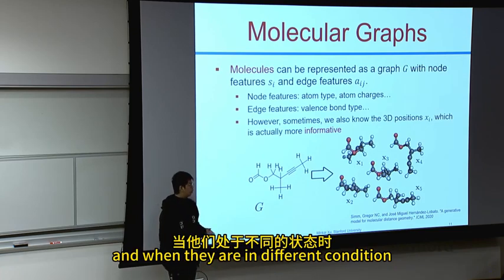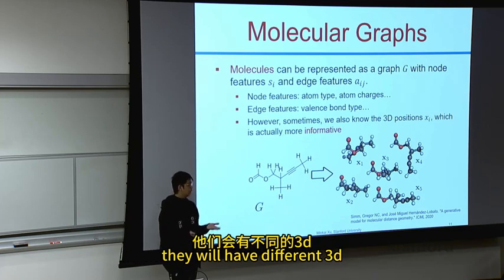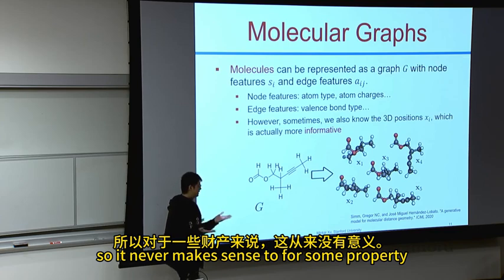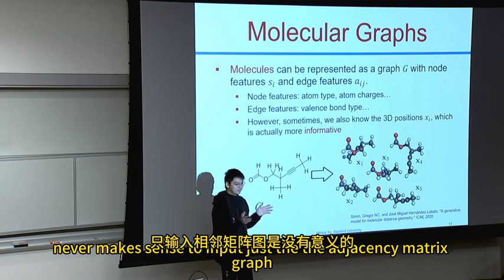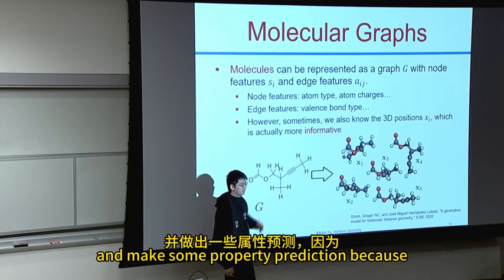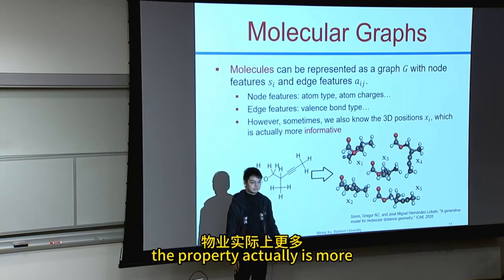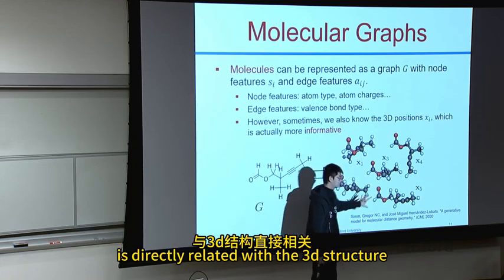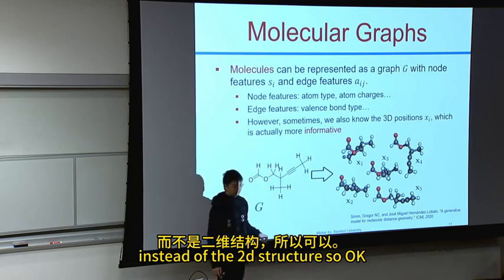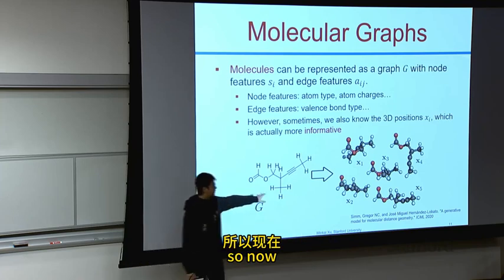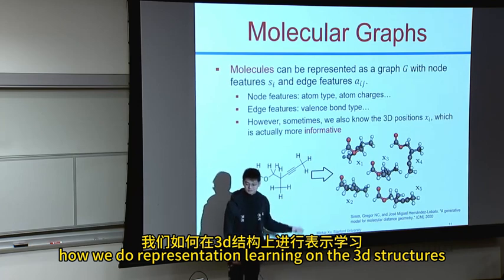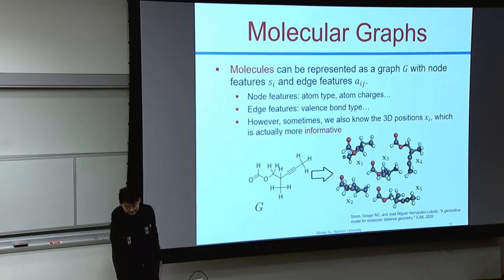And when they are in different conditions, they will have different 3D structures, and then they have different properties. So for some properties, it never makes sense to input just the adjacency matrix graph and make some property prediction, because the property is directly related to the 3D structure instead of the 2D structure. So, okay, now this is the theme of this lecture: how we do representation learning on these 3D structures.